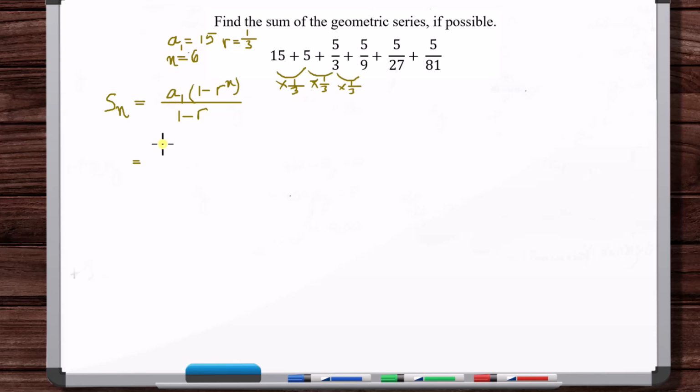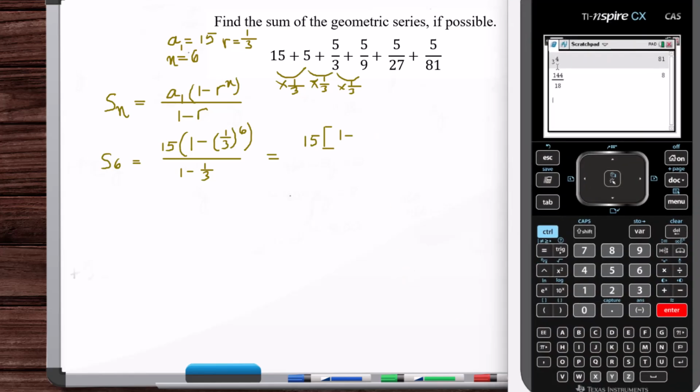So just plug it in. a sub 1, you've got 15, times 1 minus 1/3 to the, we're doing s sub 6, 1/3 to the 6th, over 1 minus 1/3. We can just plug this in.